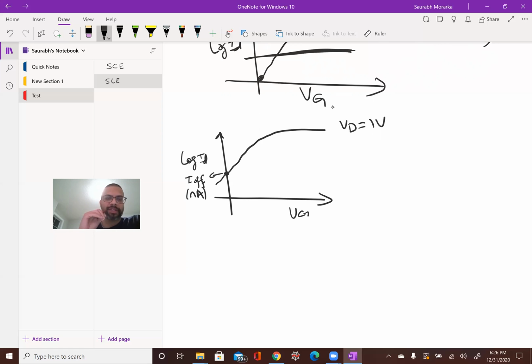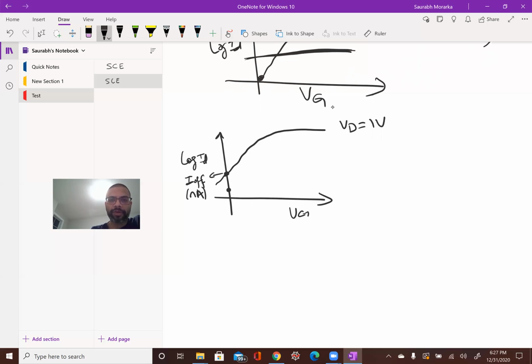So there are strict requirements for any technology of what this I off needs to be. And if this leakage current is high, it tends to cause high leakage power, which is not a good thing. So let's say in this technology, the leakage current needed to be at this point, right?